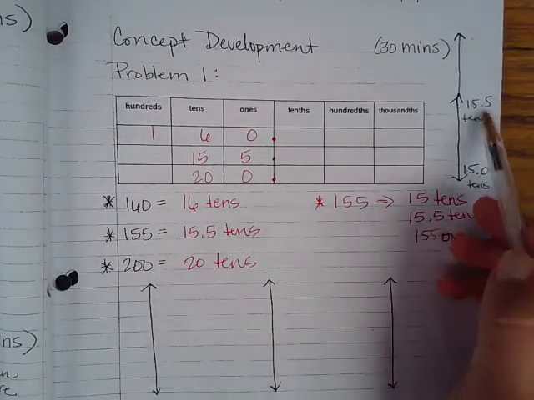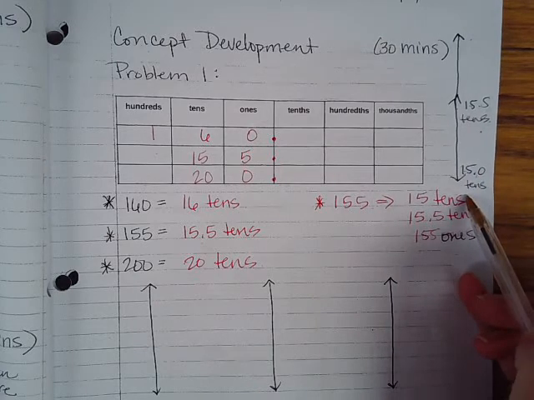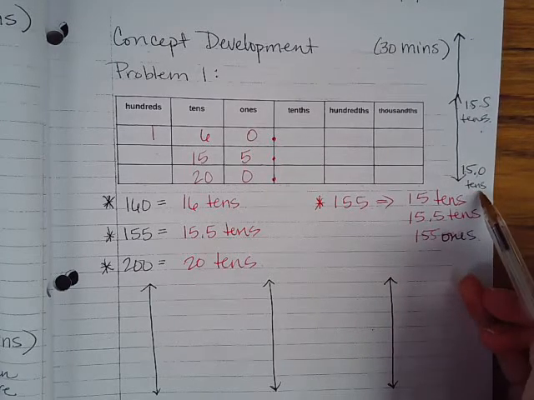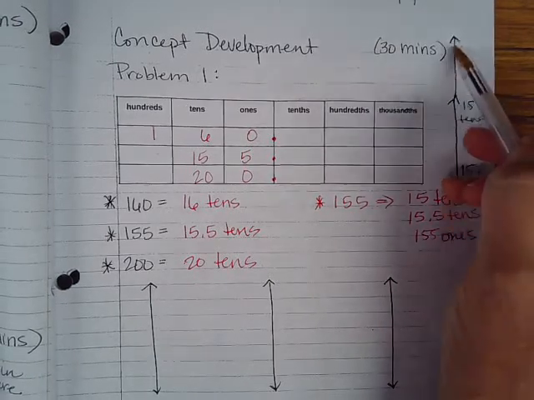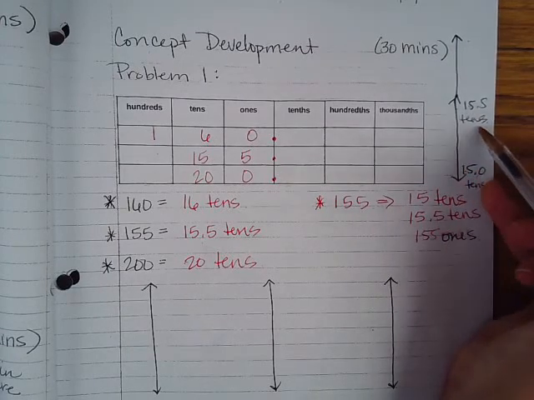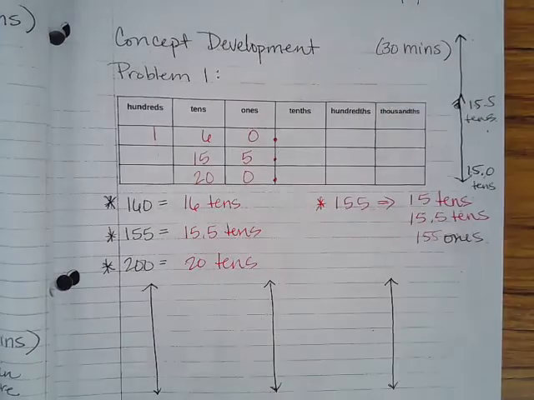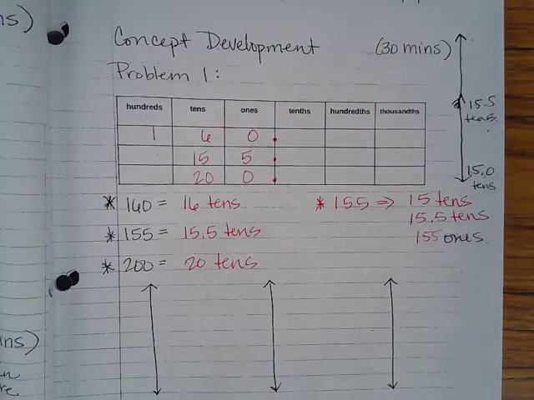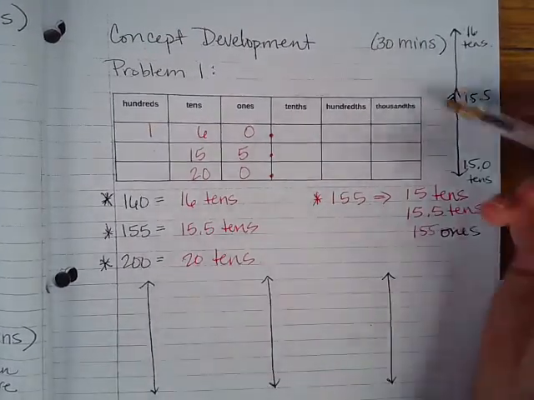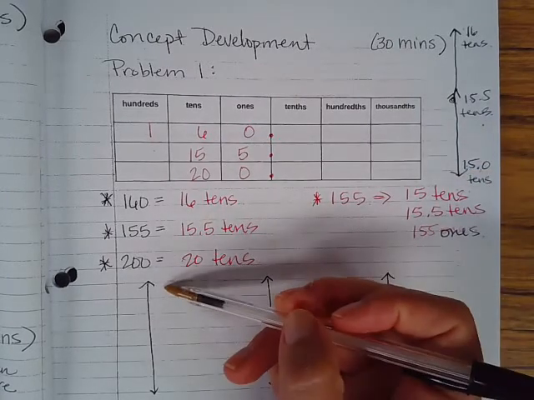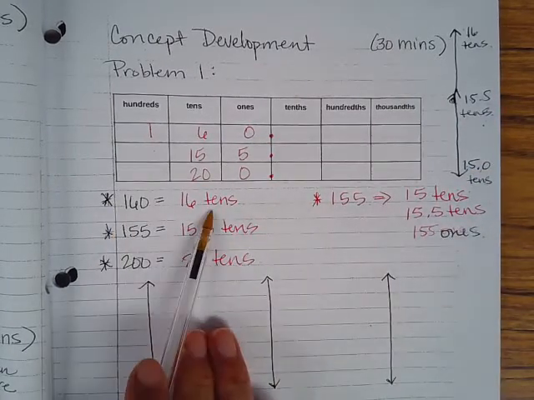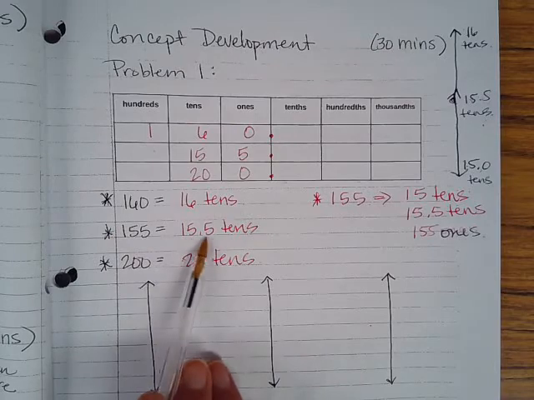If we have 15.5 tens and we ask what's on the other side, 15 tens. If 15.5 tens is the midpoint, what would be at the top, based on what we know?